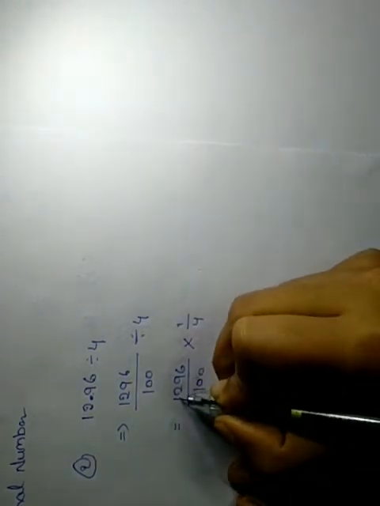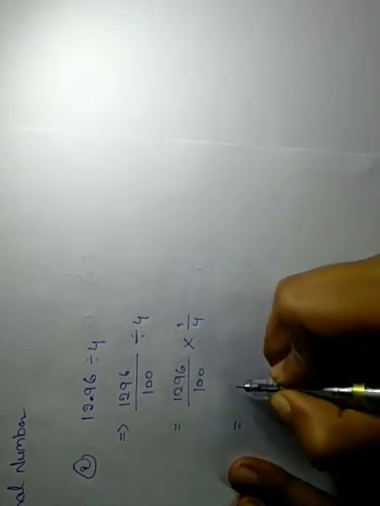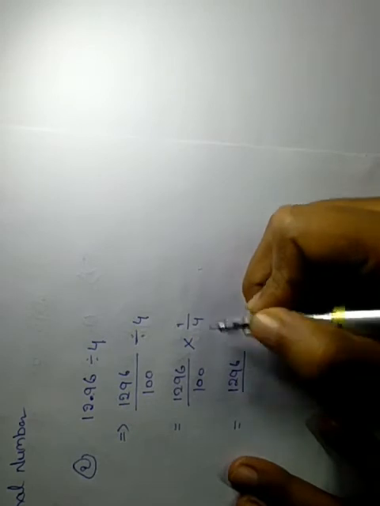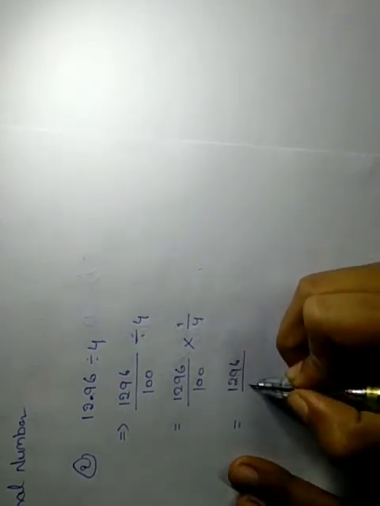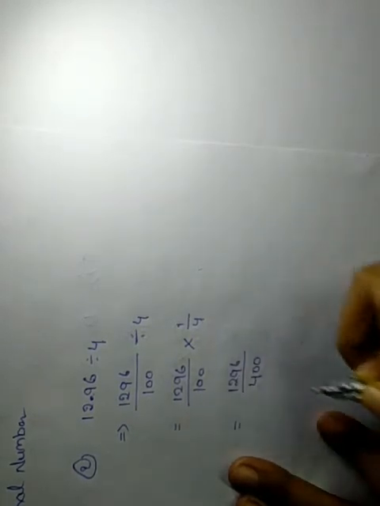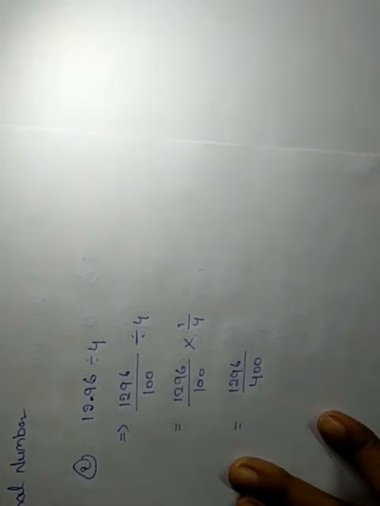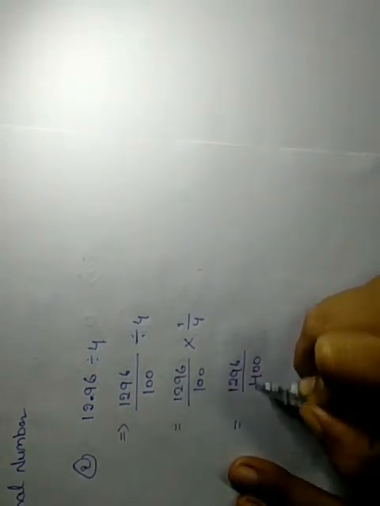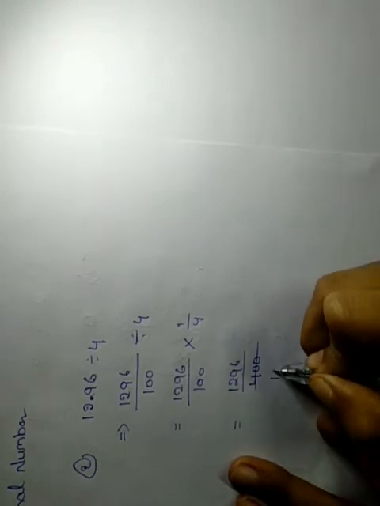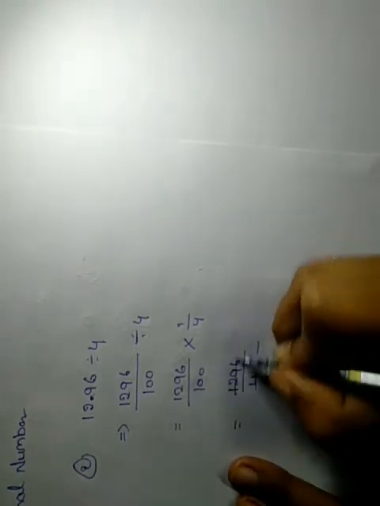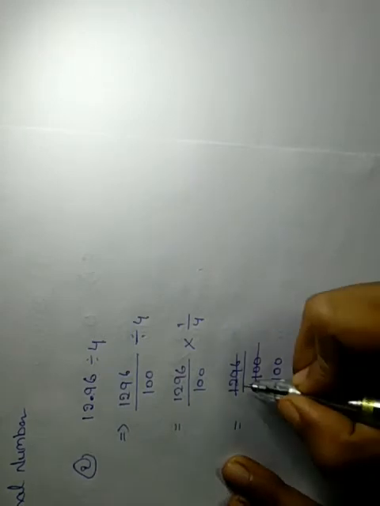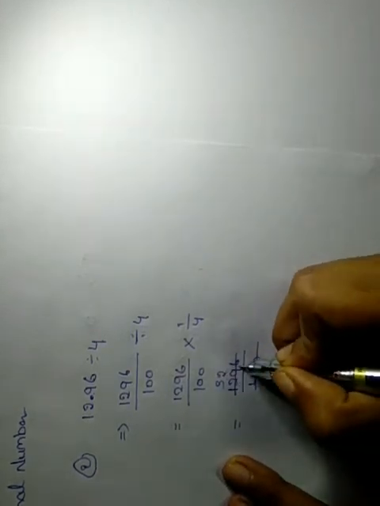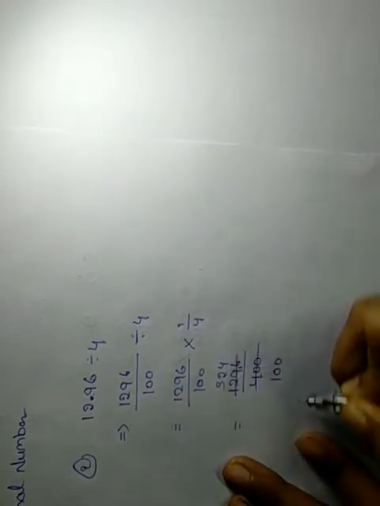We'll get 1296 into 1 means 1296, right? Now 400 in the denominator. Now we'll simplify it. 4 table, in 4 table only, 4 ones are 4, these two zeros, again 4 threes are 12, again 4 twos are 8, remaining is 1, 4 fours are 16.